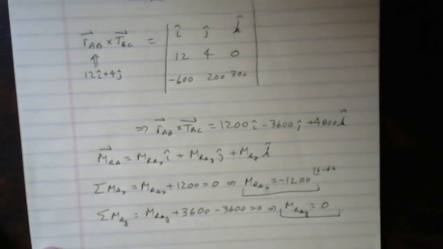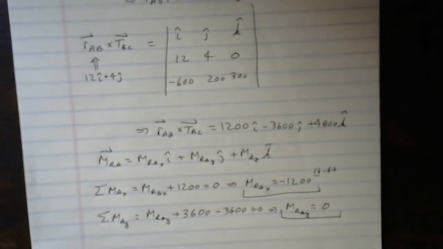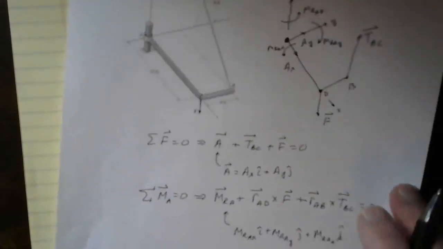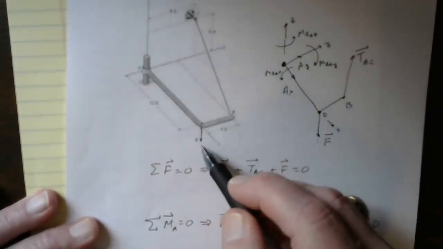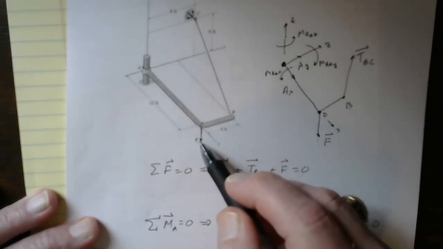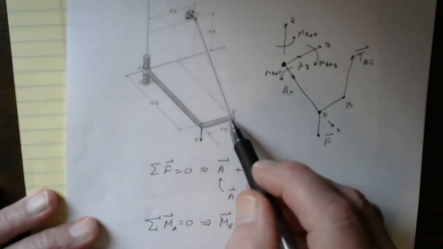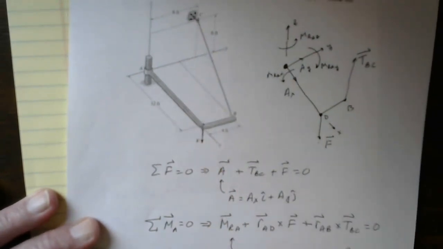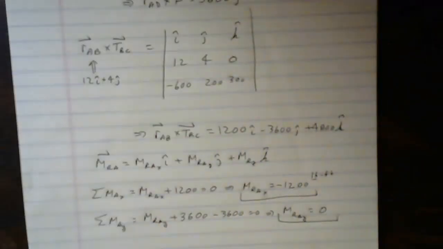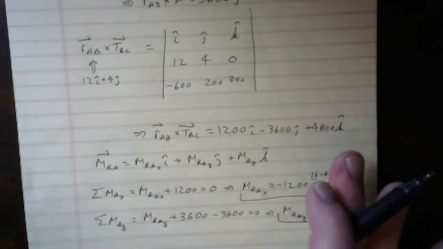What that physically means is that the tendency for rotation about the y-axis caused by this external force at F is equal and opposite to the tendency for rotation about the y-axis caused by the cable tension, T_BC. So the y component of the reaction moment is equal to 0.